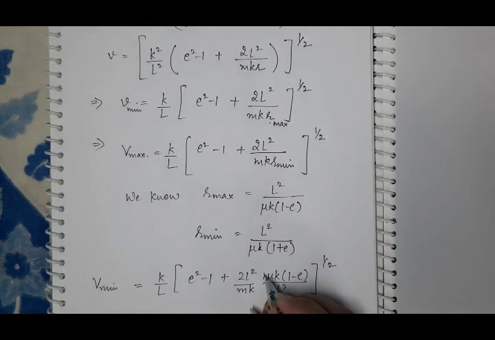So here you have mk: m and m cancel out, L square and L square cancel out, k and k cancel out.